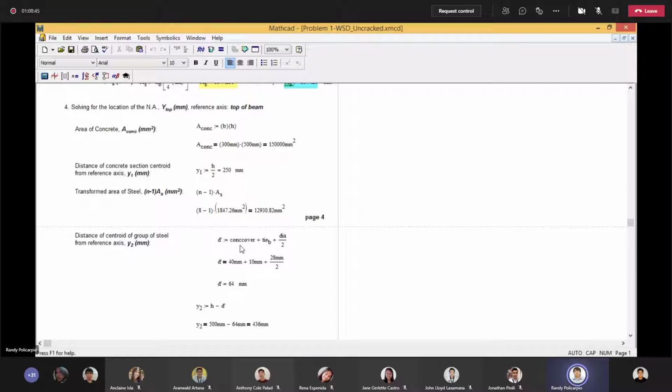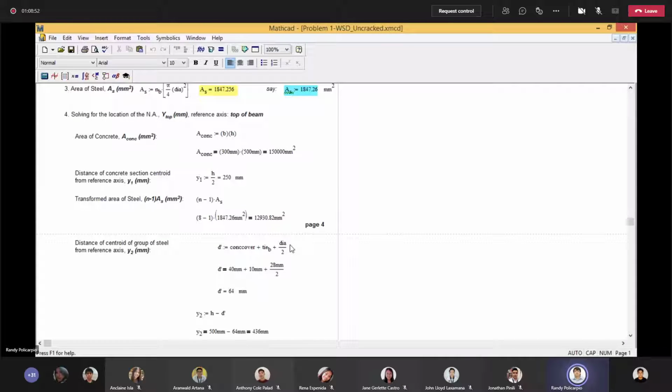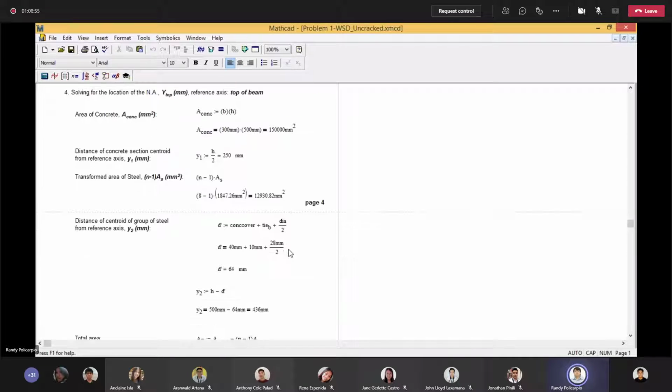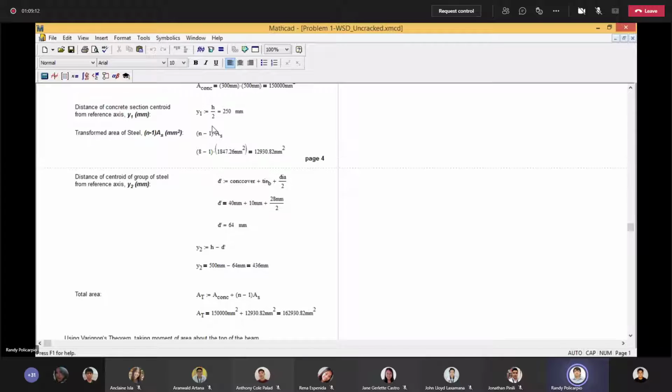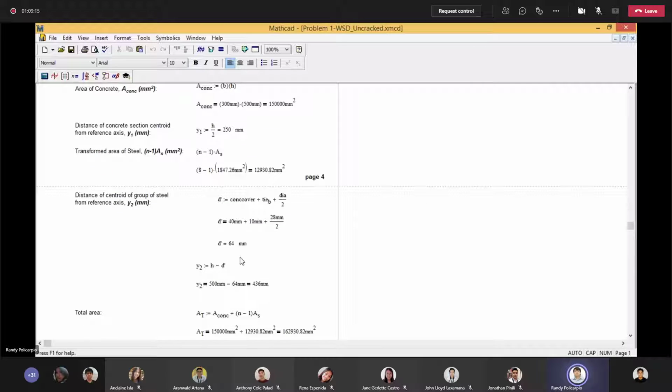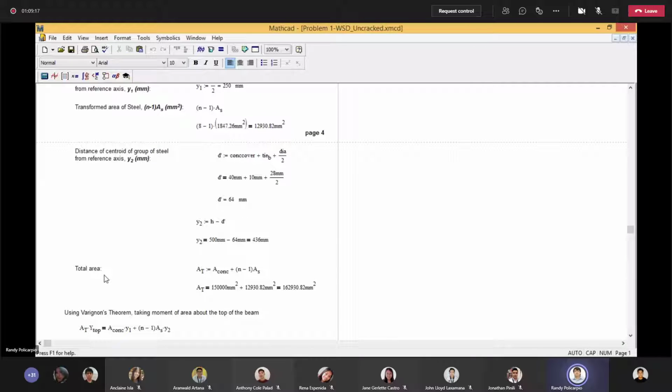And d prime is equal to concrete cover plus tie bar plus diameter over 2. So diameter nung reinforcement natin, and the result is 64. So y2 now is equal to h minus d prime. So y2 is actually known as the effective depth. Ito yung pinaka-effective depth natin. Okay, so after knowing y1, y2, and the area, we will consider now yung area total.